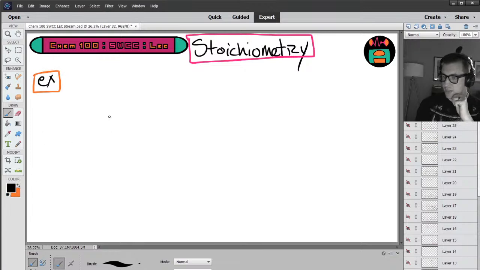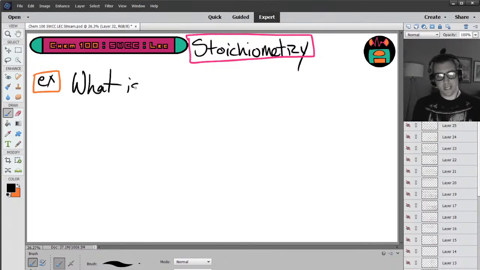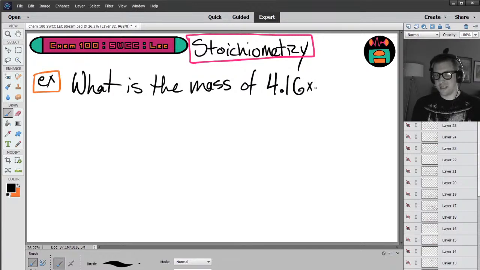All right, next example is what is the mass of 4.16 times 10 to the 24th atoms of oxygen?